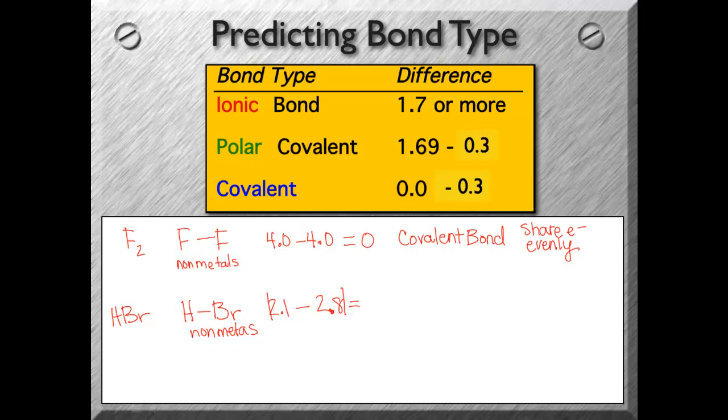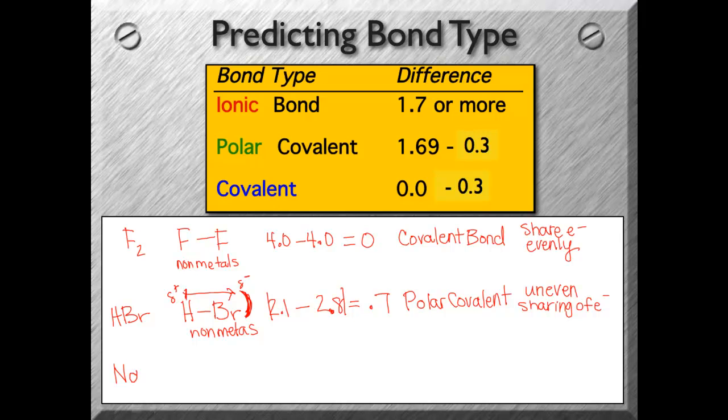So this will be 0.7, which according to our chart is a polar covalent. This will be an uneven sharing of electrons. Bromine will be a little greedy and the electrons will stay to this side. So bromine will be partially negative and hydrogen will be partially positive.